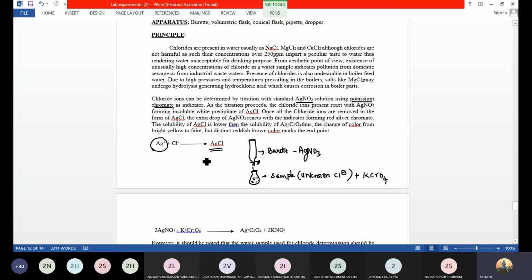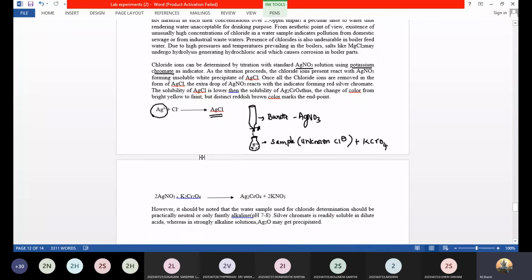Silver chloride is an insoluble white precipitate. Once all the chloride ions of this sample have reacted with the Ag, that means all the chloride ions of your sample are converted to AgCl. Now the next drop of AgNO3 that you add from the burette will react with the potassium chromate.